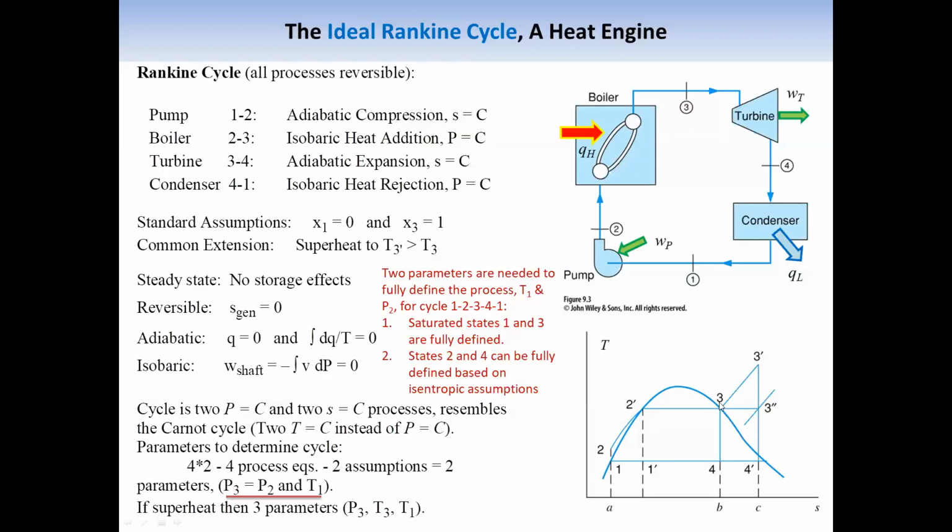For state 3, we already know the pressure is the same as state 2. It's a saturation state, so the temperature can be found from the steam table. Now, from state 3 to state 4, it's an isentropic process, so the entropy for state 3 will be the same as state 4.